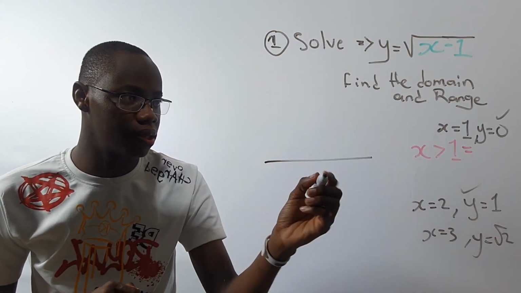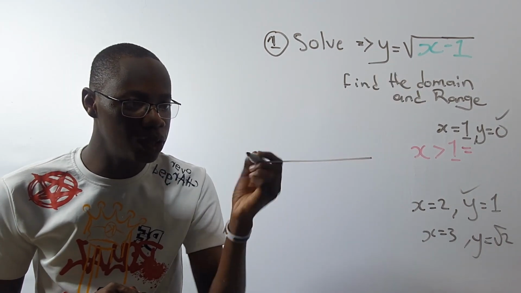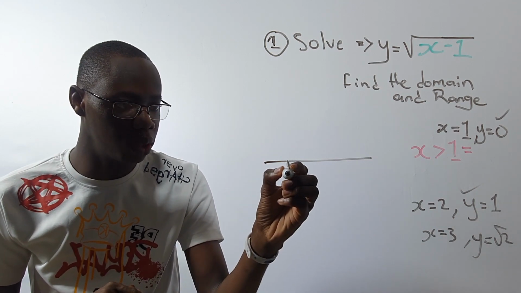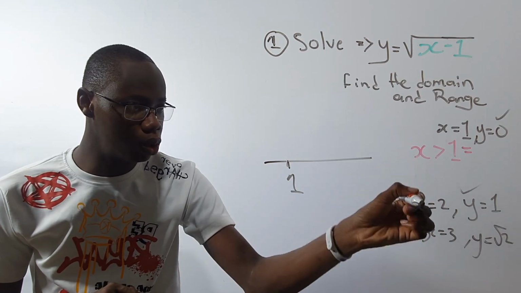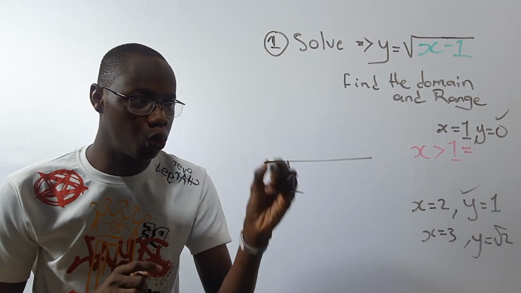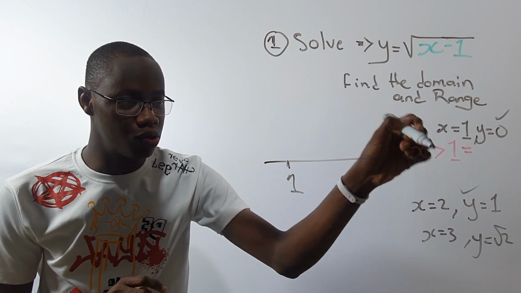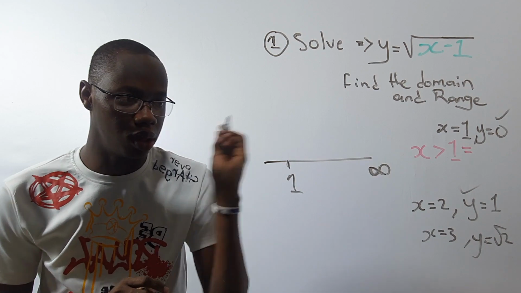You can see that this x can only be 1. That's the only way to make sense. Can only be 1 and above, like 1, 2, 3. Those numbers work. 1 and above, when x is greater than 1.